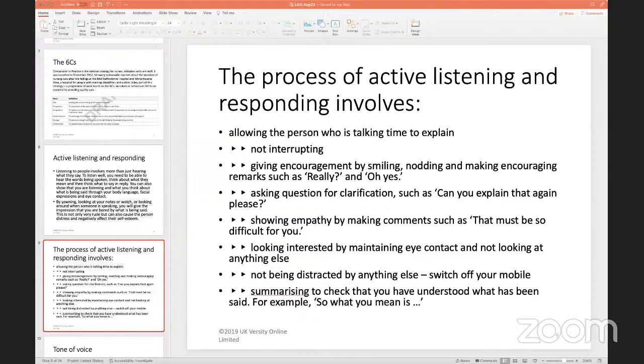You're allowing the person to speak without interrupting. And in some cases, you would pay attention to what the person is asking for or referring to, and then maybe appropriately respond.